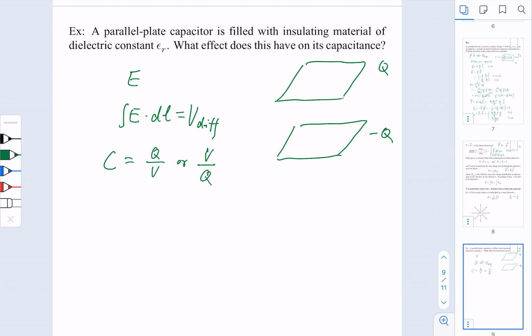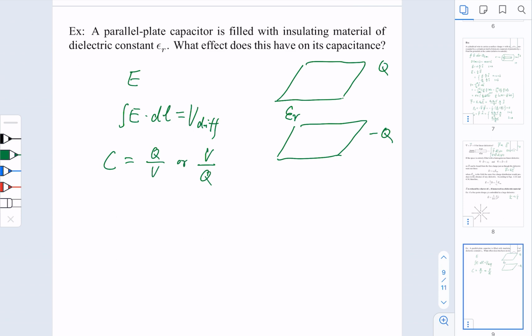So now this time, let's see what happens if we place a material between the two plates of the parallel plate capacitor. Then there will be a material with a dielectric constant of epsilon r.